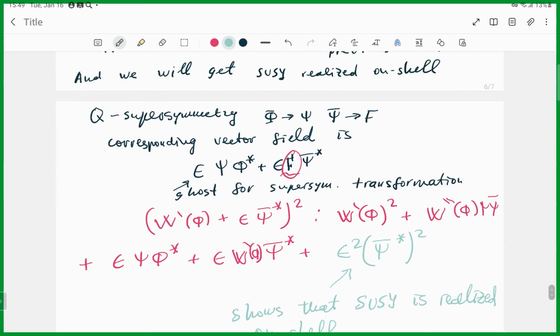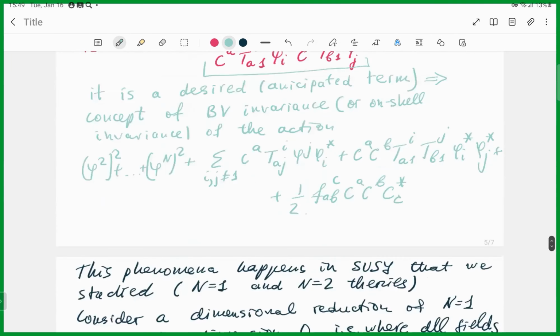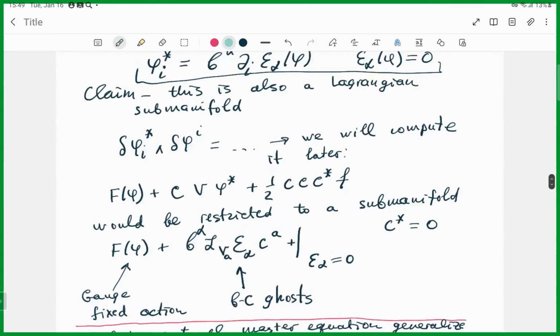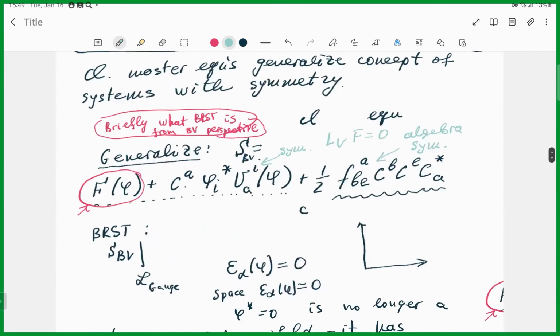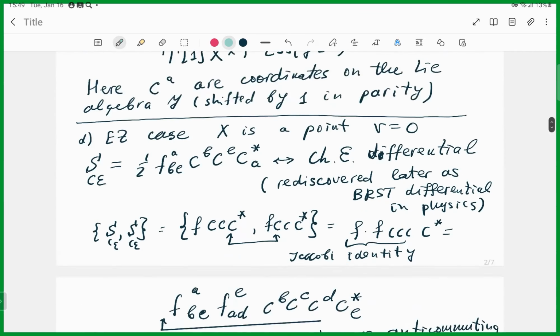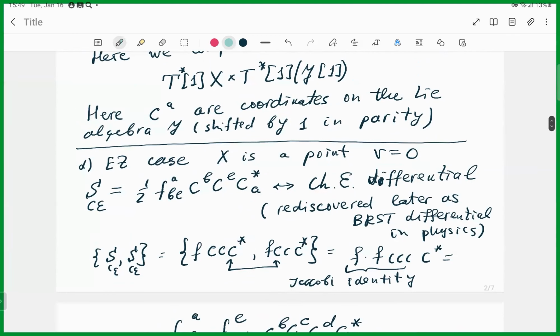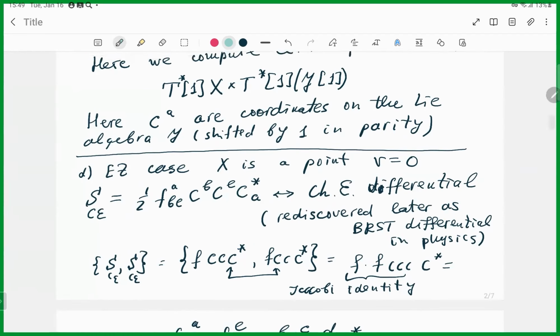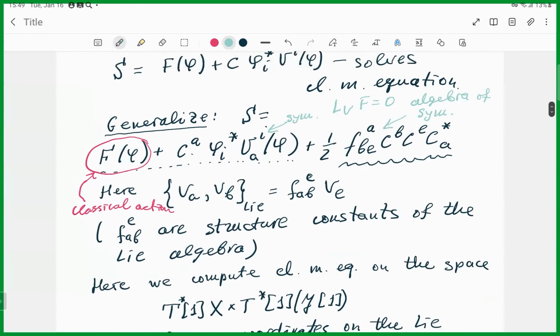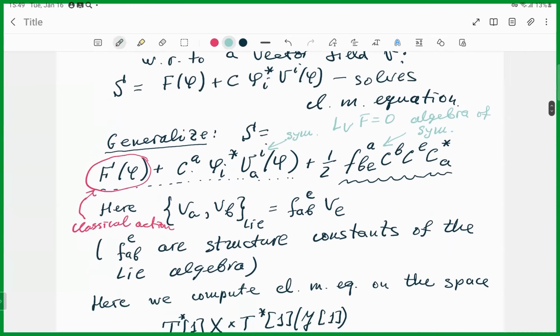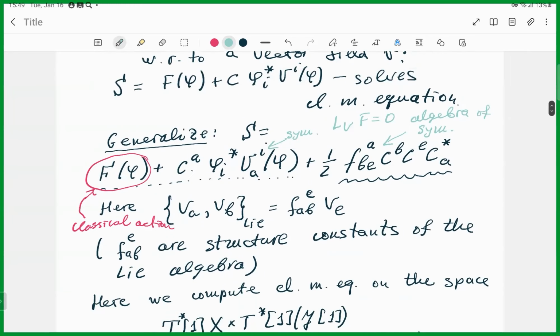Okay, so let me come back. I'll take a blue pen. So where is the cotangent bundle to the Lie algebra? It is here.